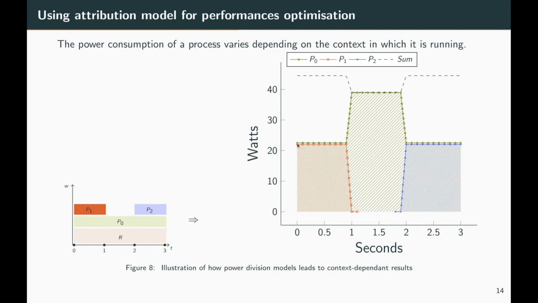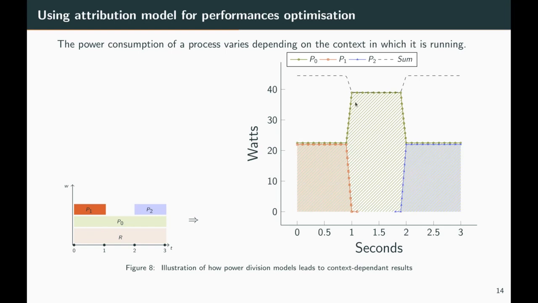What I will observe is that, as the server is more efficient at high load, I will see a spike in the energy consumption of the green application. Does it mean that the green application is doing something more? No. It just means that it's now running on a less energy efficient server because the red application is leaving.